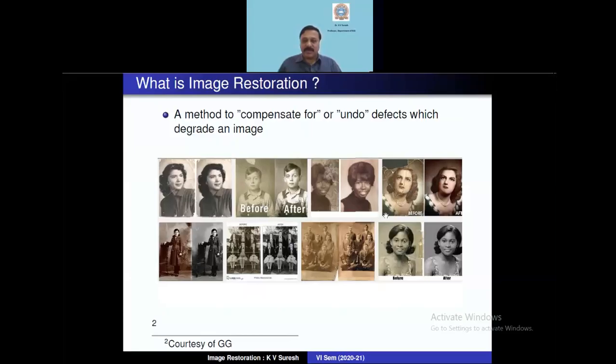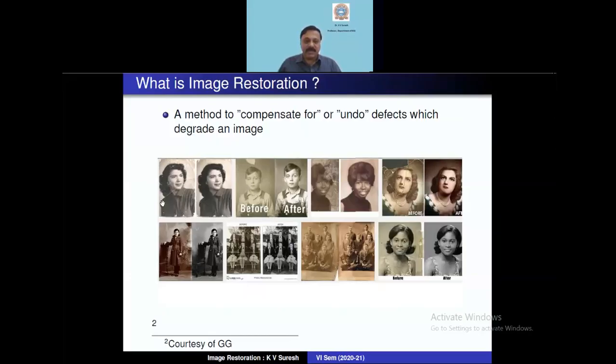In this case, you can see the image is completely spoiled. What these photo studios will do is try to restore the originality. They just undo those effects.